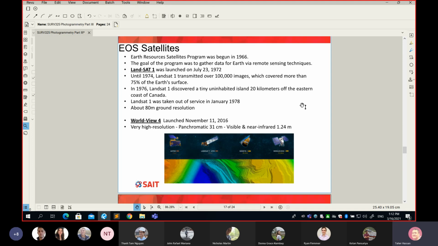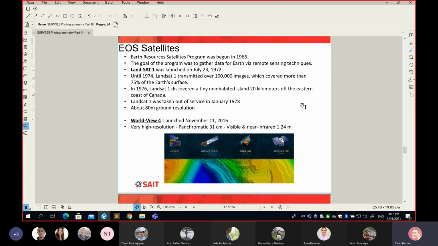Now, one of the things for the record is that because of Landsat 1, back in 1976, we were able to discover a small tiny island 20 kilometers east of Canada. Again, you're flying very high, so your image will capture remote things.